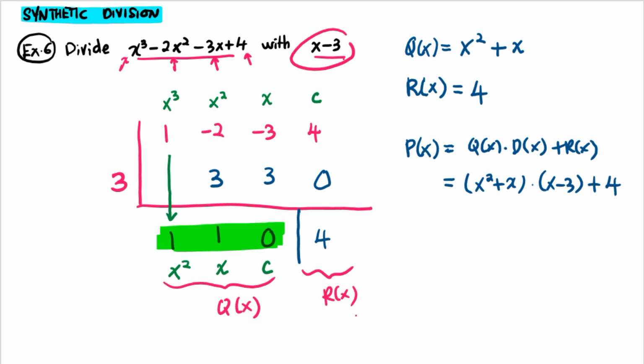You have something like this. You can still factorize this, x squared plus x. Okay, now we are done with this one. That's a simpler method to solve these polynomial problems.